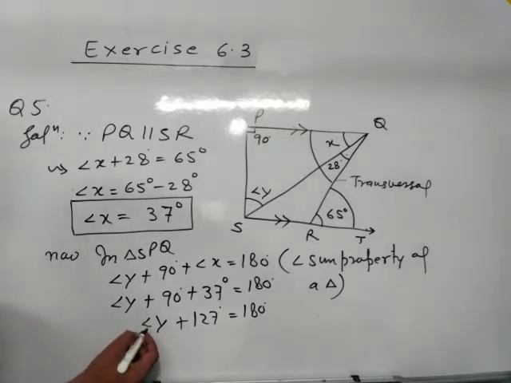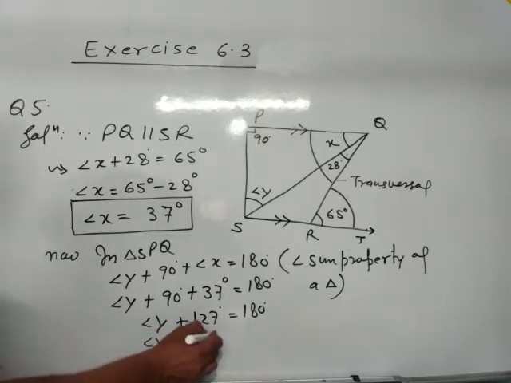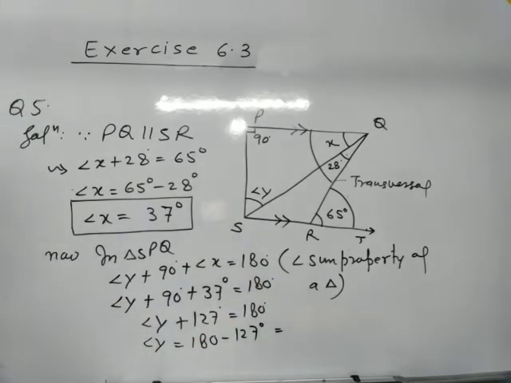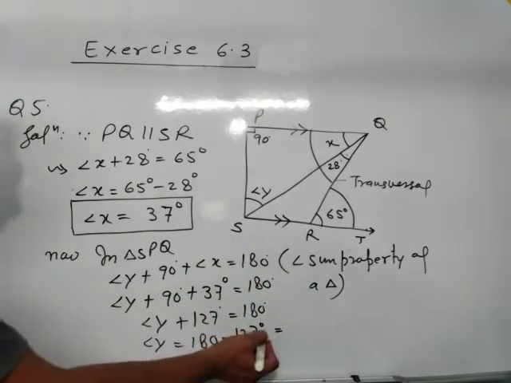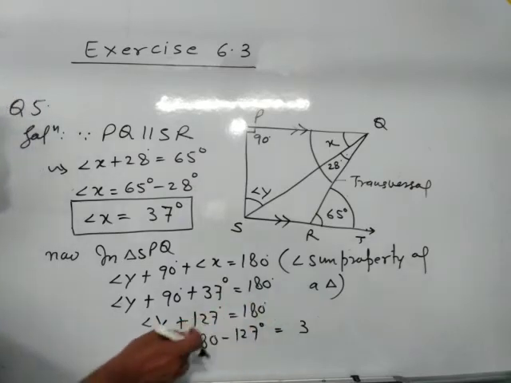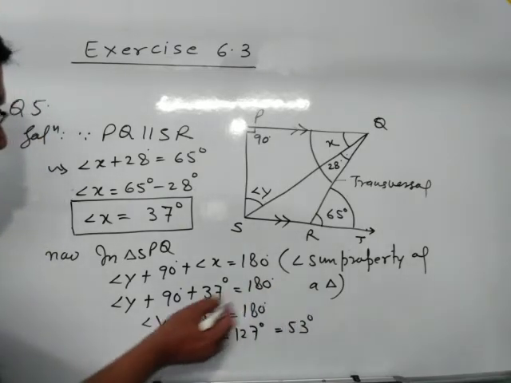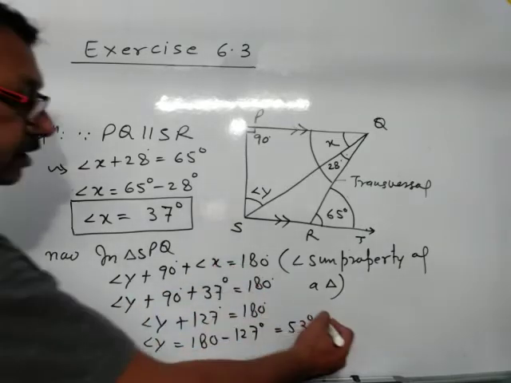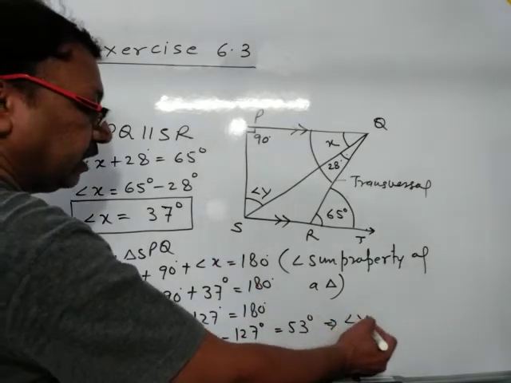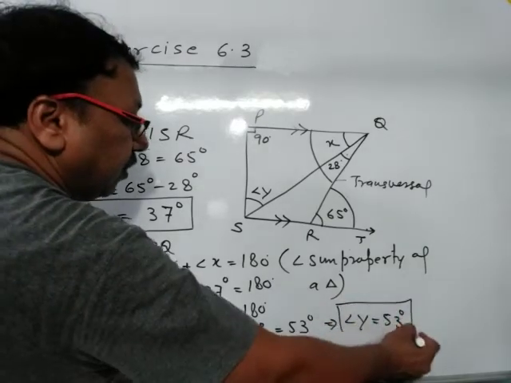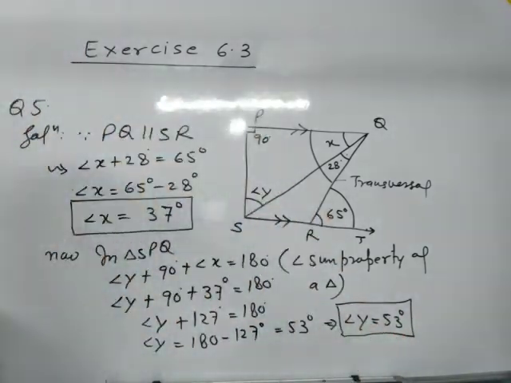So angle Y is equal to 180 minus 127. 10 minus 7, 3. 7 minus 2, 5. 1 minus 1, 0. It implies that angle Y is equal to 53 degrees. And here we get the value of angle Y. This is how you have to solve this.